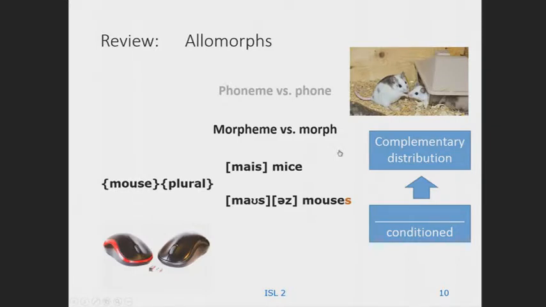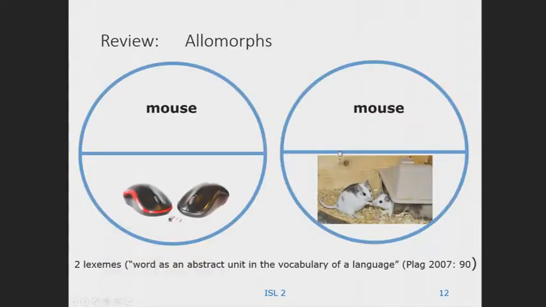The difference being what kind of lexical item I actually have. So remember, despite the fact that these are spelled the same, so they're homographs, they're pronounced the same, so they're homonyms, they're nevertheless two different lexemes, and therefore two different morphemes here, right? Because you have a different representation for each word.